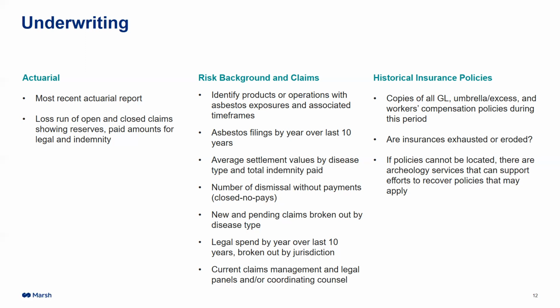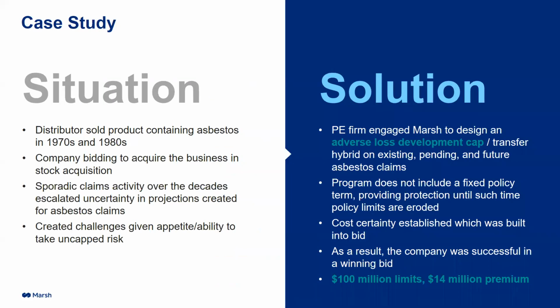If you don't have access to all of these policies, there are archaeology services that'll help you identify those, because this again really is a core piece, not just for, do we want to look at solutions, but a core piece of what do you already have access to that you might not be utilizing and helping protect your own balance sheet. So let's go ahead and talk through an example.